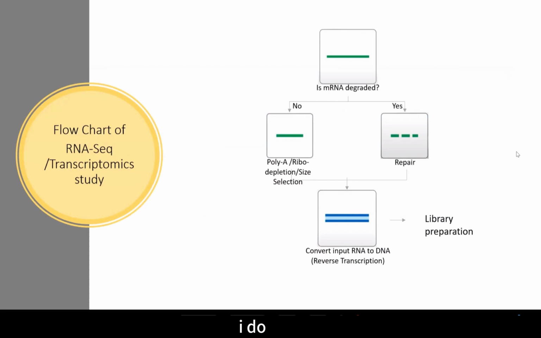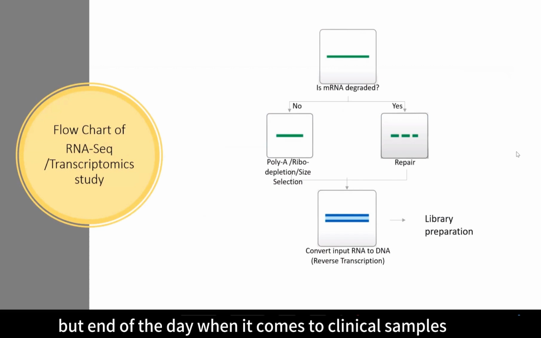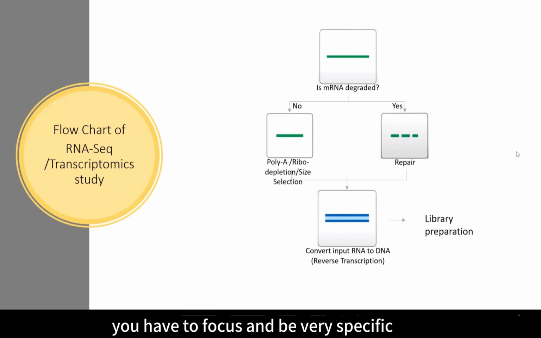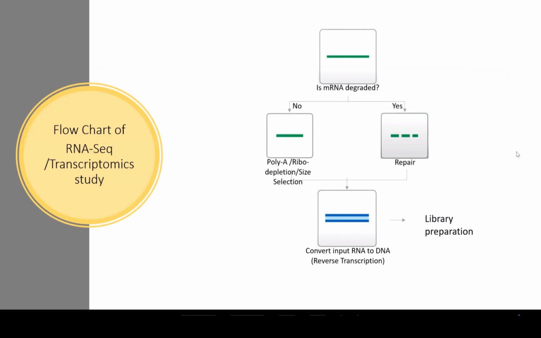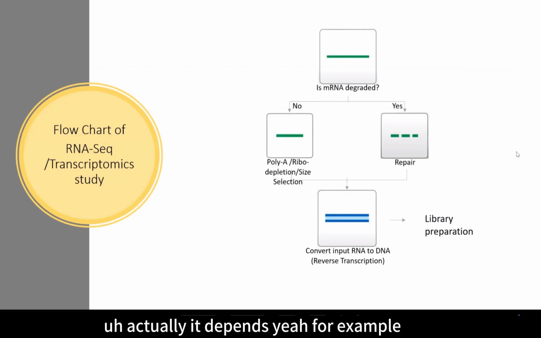Okay, thank you. So when you can sequence a wide range, but at the end of the day, when it comes to clinical samples, you have to focus and be very specific. But this platform is not that specific, right? Actually, it depends.